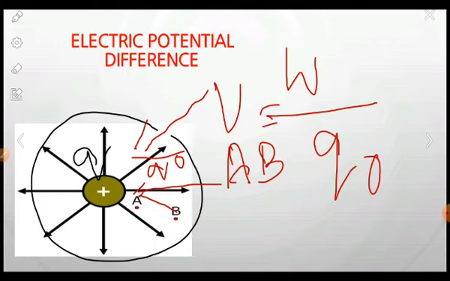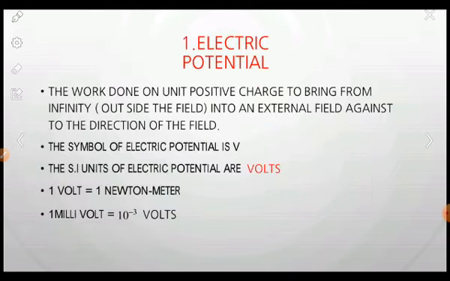Here the potential difference between any 2 points A and B is the amount of work done on unit positive charge to move the charge from A to B between the 2 points against the electric field. So both are against the electric field.